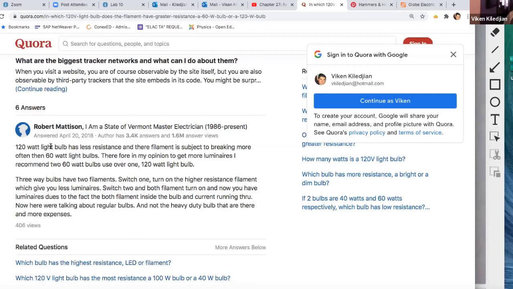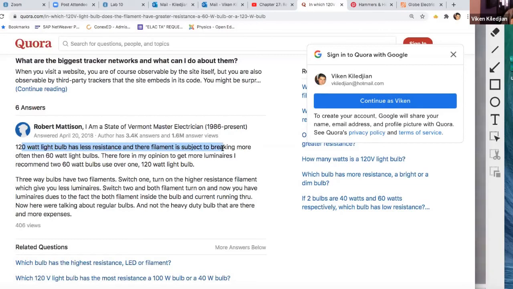So what are they saying? The 120 watt light bulb has less resistance. So we are correct, right? But they're subject to breaking. Why is that? That's because they're longer, right? No, hold on.